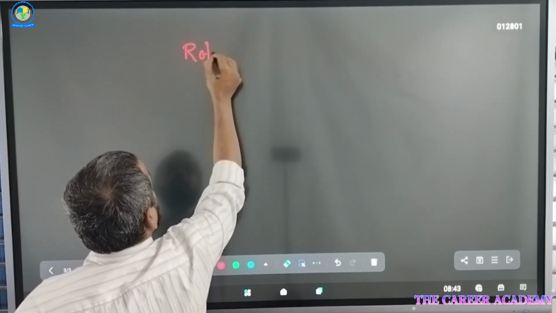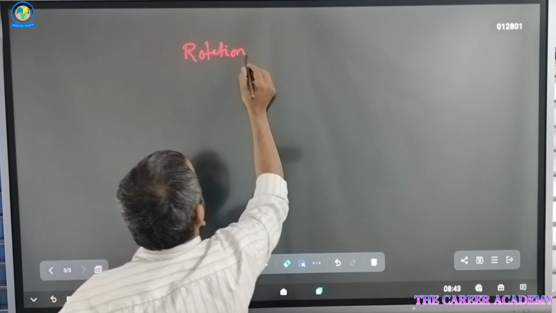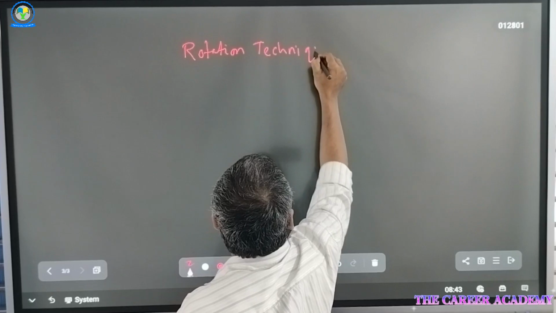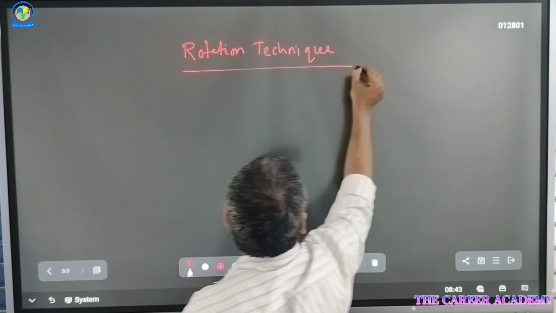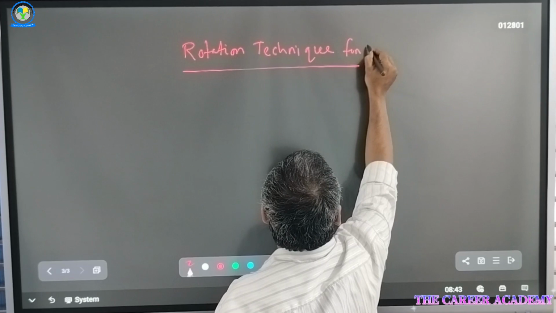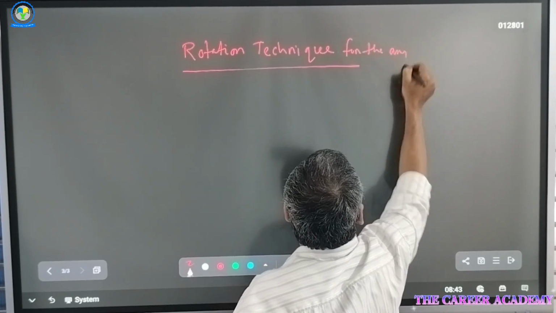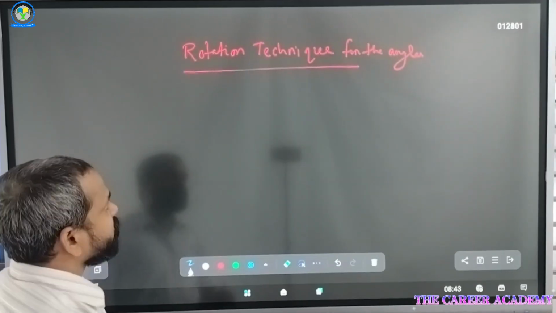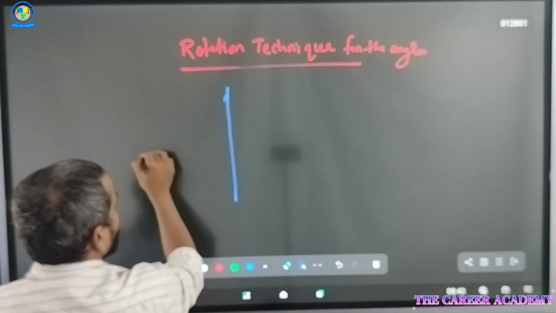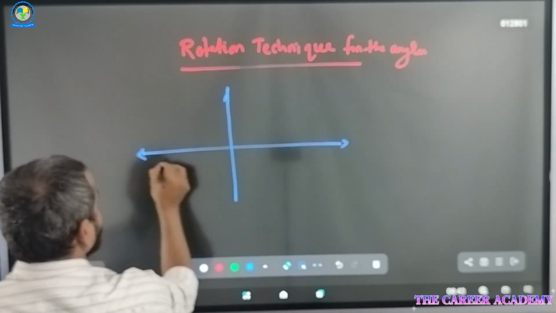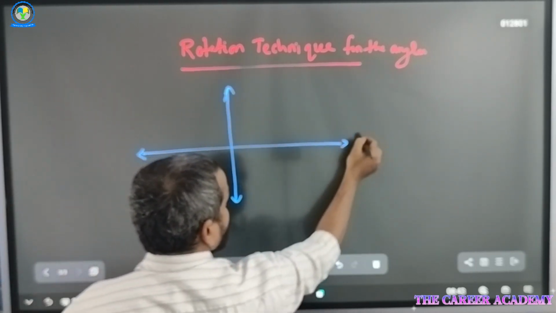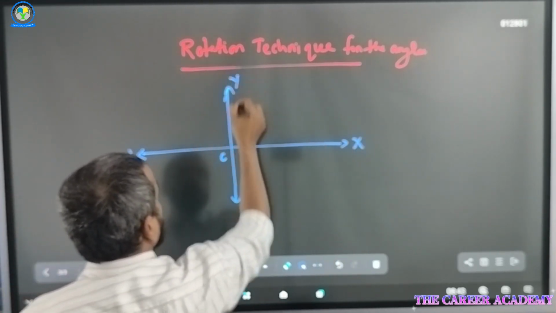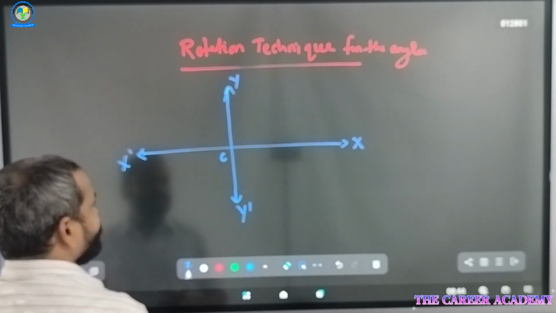Now we have to know the rotation technique for the angles. See, remember this one. This is x o x dash, y o y dash.